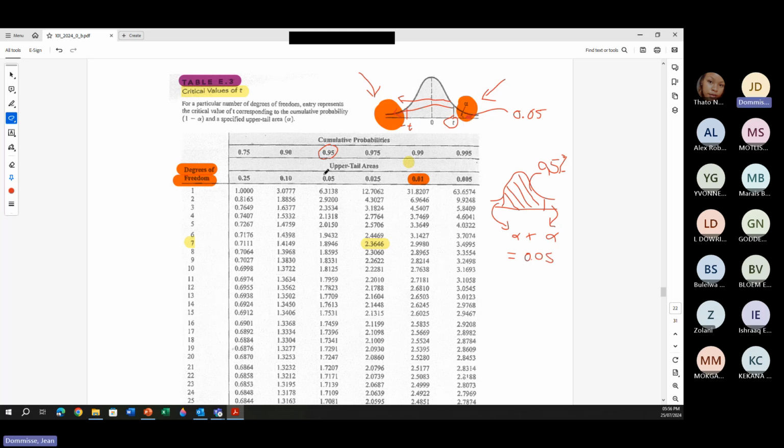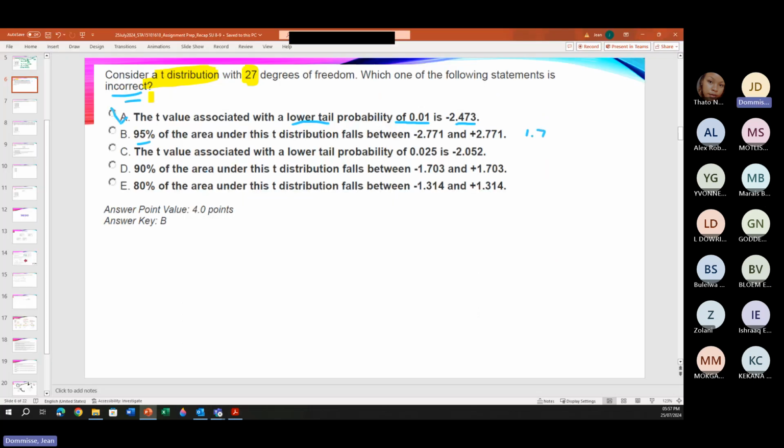Okay, so combined 0,05. So if we want one of them, we need to divide by 2 so that we can get actually what alpha is, 0,025. Okay, so then it becomes a different story. Then we're looking at alpha that is 0,025. So in this instance, the question is asking us to look at a two-tail.